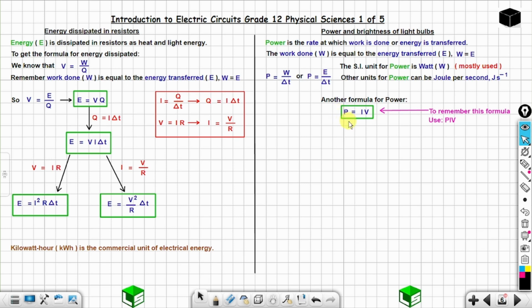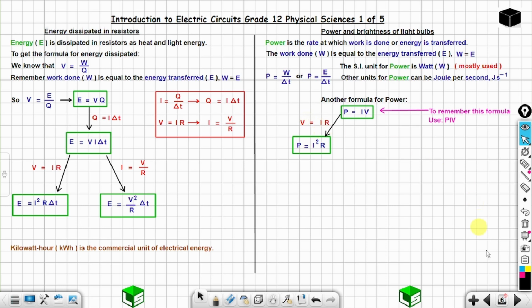Using this formula, voltage is equal to the current times resistance. In the place of voltage, you can substitute current times resistance. You are going to have the power is equal to current squared times resistance.